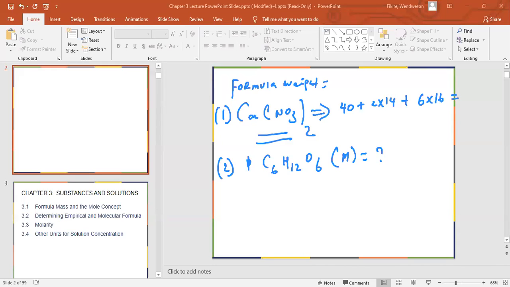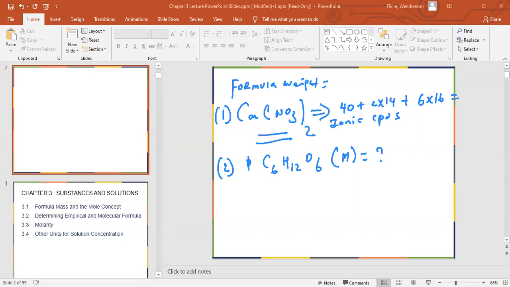All of this will be added, and then you can get the number. That number is called the formula weight. We use formula weight for ionic compounds and molecular weight for covalent compounds. So again, it's a matter of term.